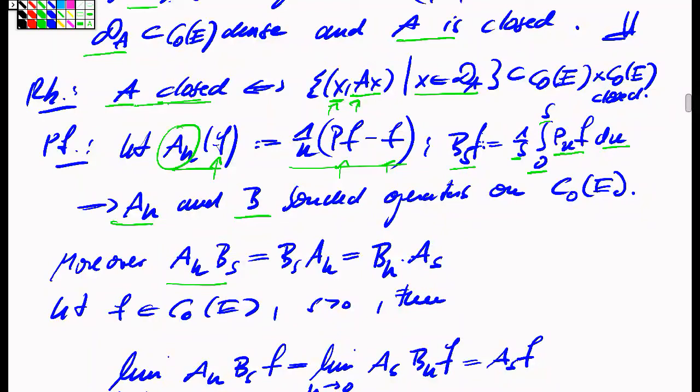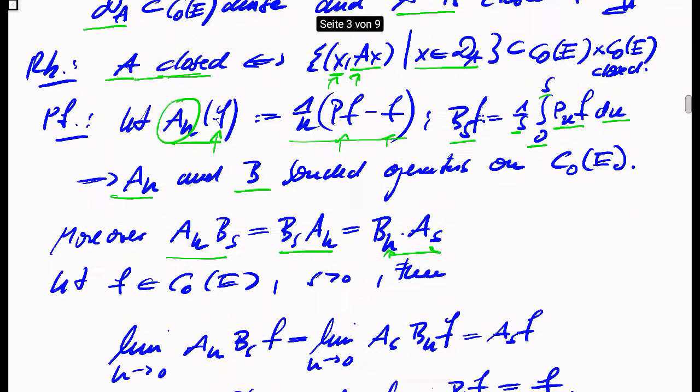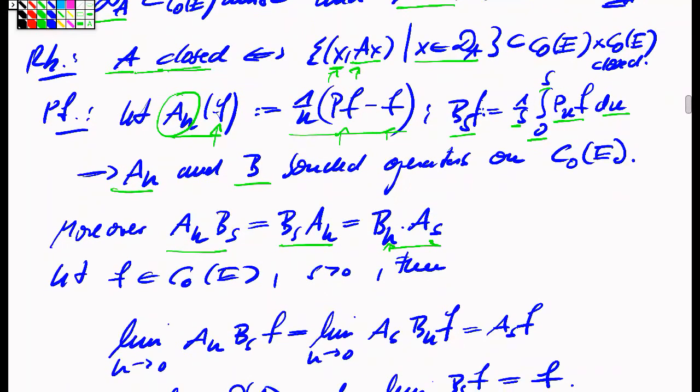So A_h and B_s commute. I can write them in any order I wish. And moreover, I have the property that if I have B_s acting on A_h, I can also interchange the two indices of approximation. That's a simple exercise that you can verify on your own. The actual reason for this is that both, and here's again, sorry, there's one misprint here.